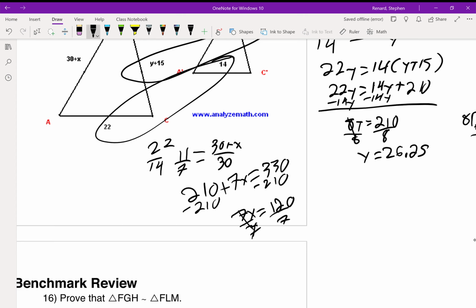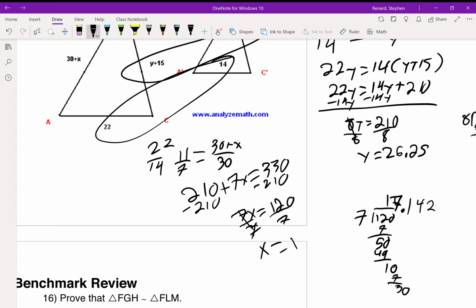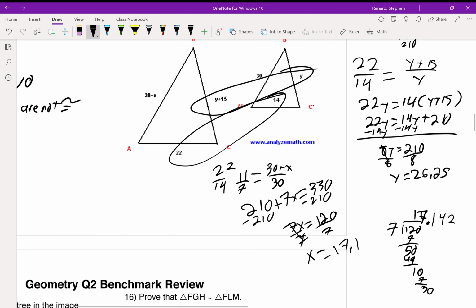We get x equals, we're just going to go 17.1. Stupid. I don't like that at all. Anyway.